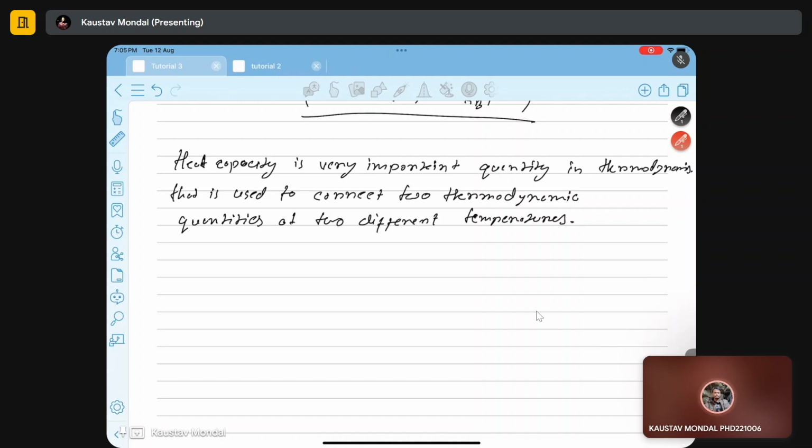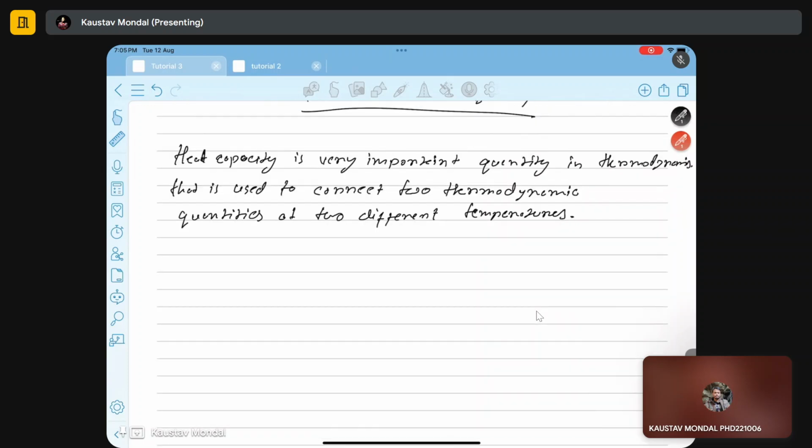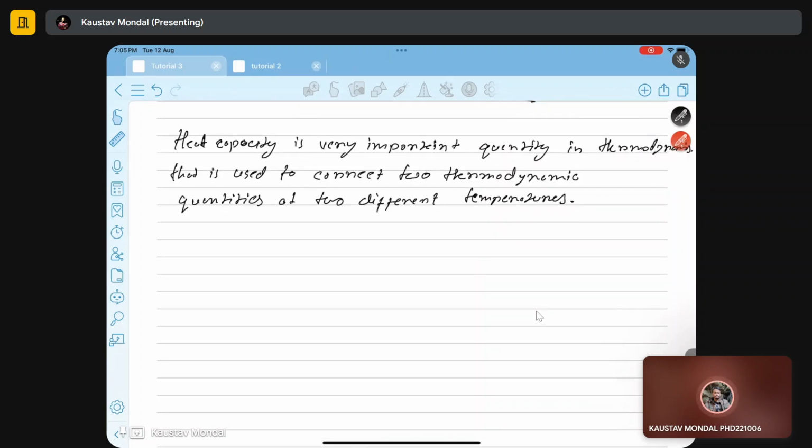Now, if you know all these things, first, how can you get the expression of the thermodynamic specific heats? There are basically two types: one is at constant pressure and one is at constant volume.